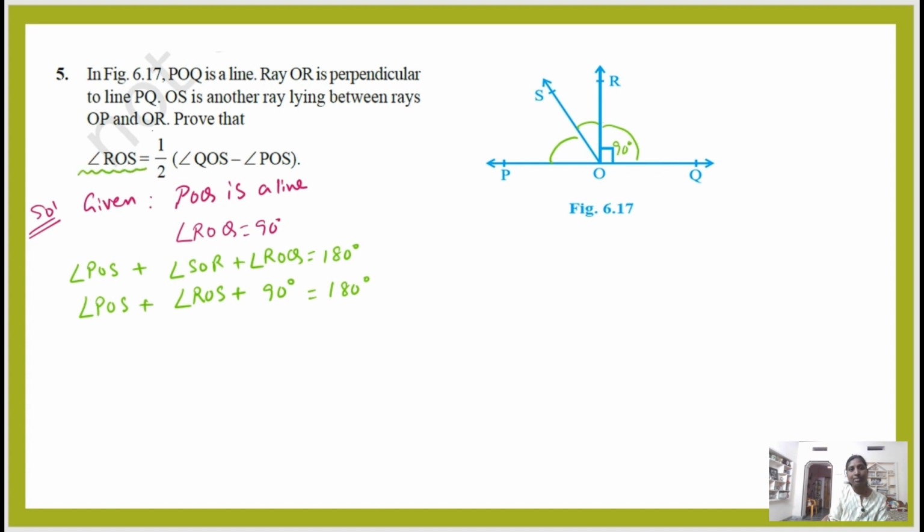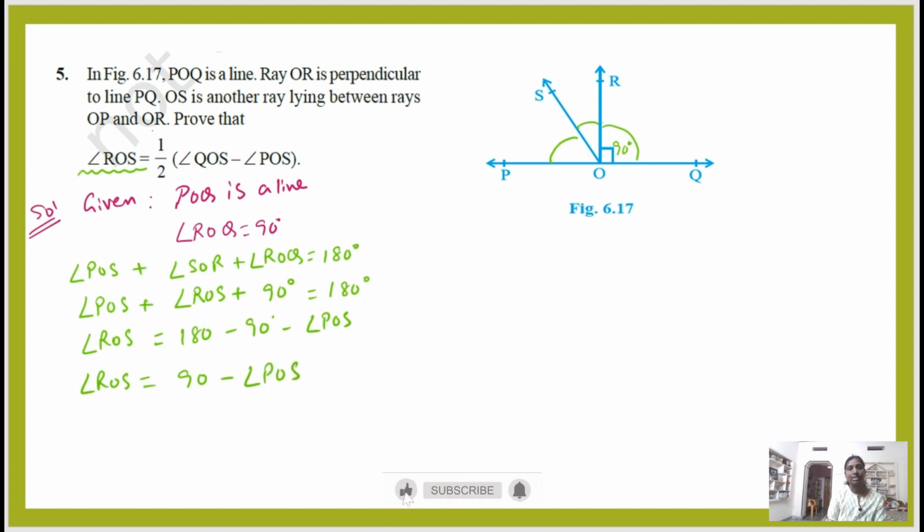Angle ROS is equal to something. Keep angle ROS on the left hand side and transpose the remaining to the right hand side. 180 minus 90 minus angle POS. So angle ROS is equal to 180 minus 90, which is 90, minus angle POS.